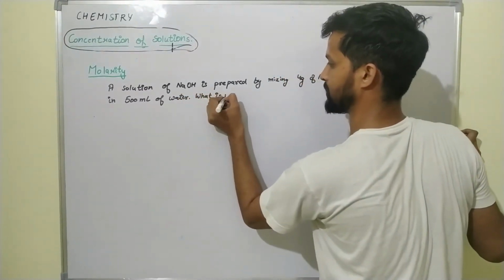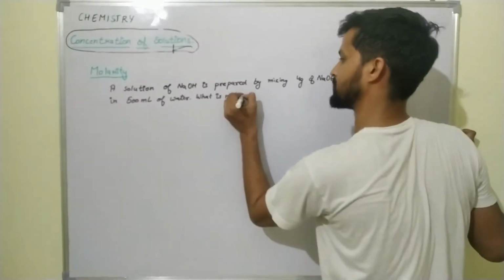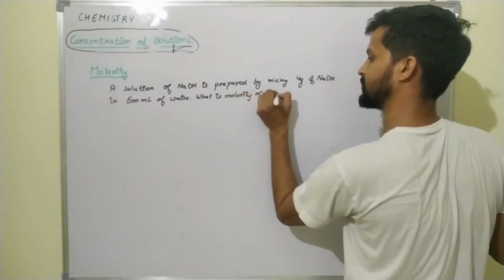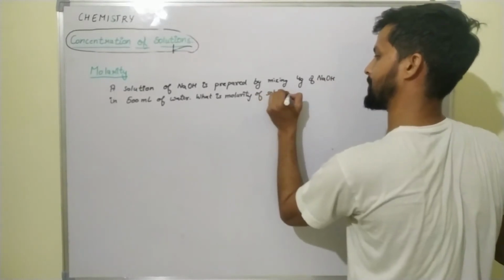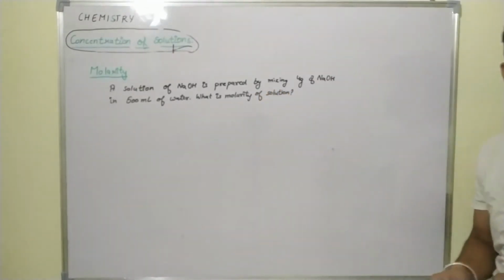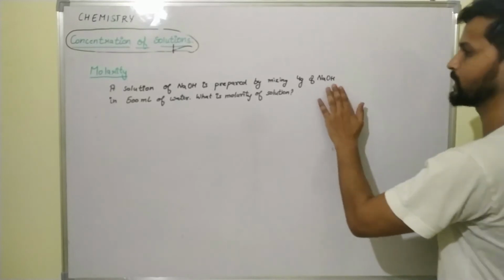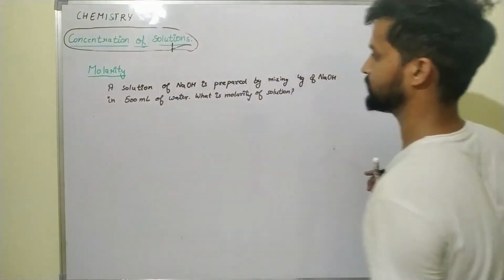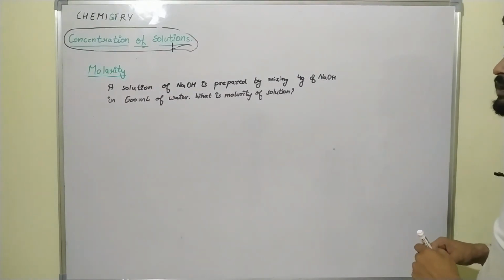What is the molarity of the solution? Students, so here the question is, a solution of sodium hydroxide is prepared by mixing 4 gram of sodium hydroxide in 500 ml of water. So what is the molarity of the solution?